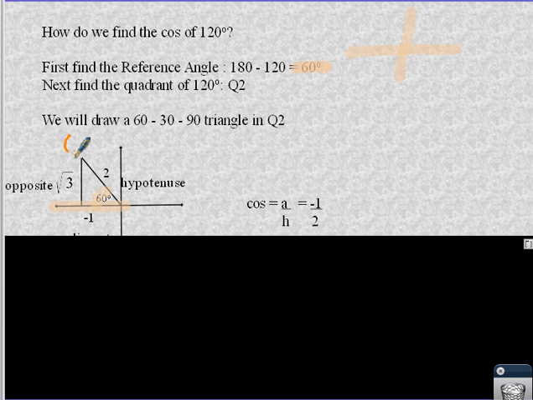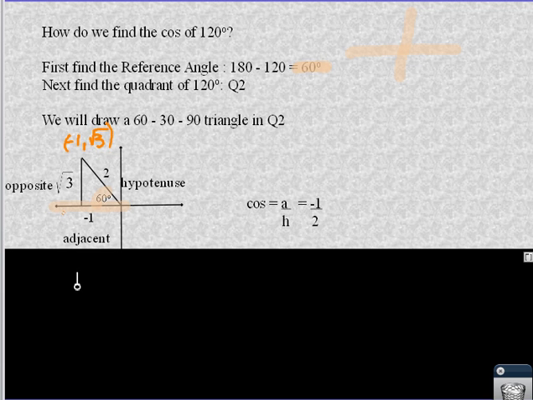If we looked at this coordinate, it would be -1, square root of 3. So we have to use -1 as our adjacent side length, because that gives us the direction and the quadrant that tells us where we are in the coordinate plane. So this is one time where length can be negative, because we're defining it as length, but it's really the coordinate that we're interested in.